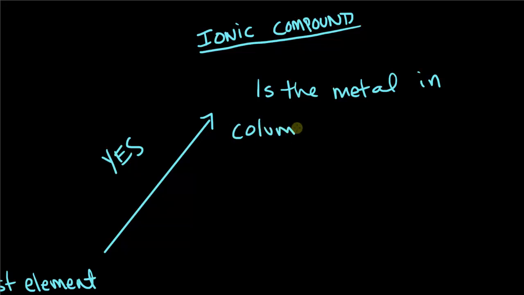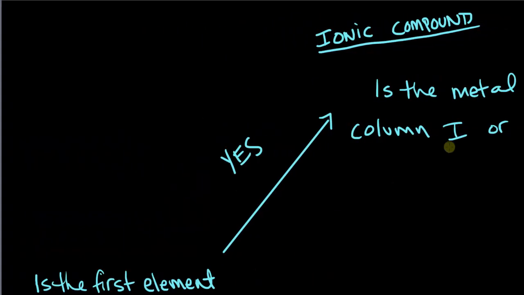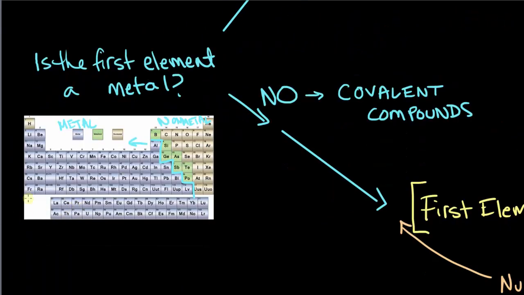Sometimes we'll call this group 1 or group 2. Column 1 or column 2 of the periodic table. And those columns, if we come back down to our periodic table, this is column 1. This is column 2.